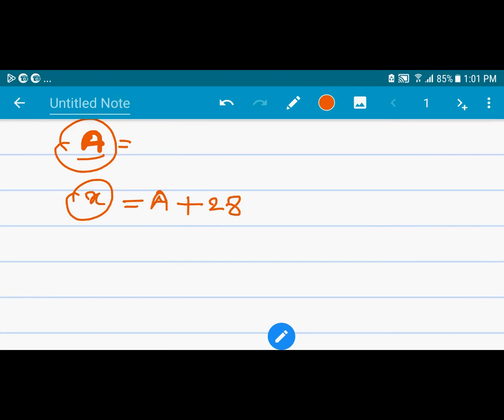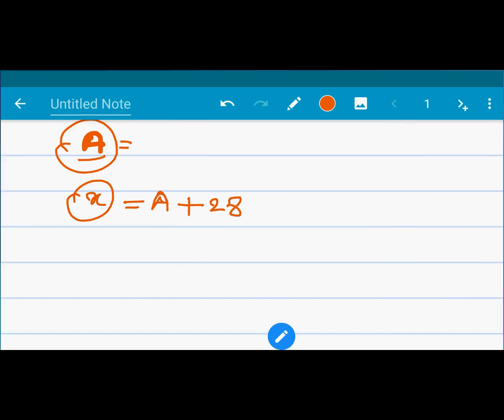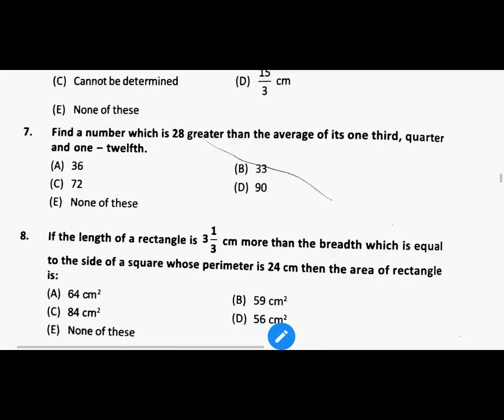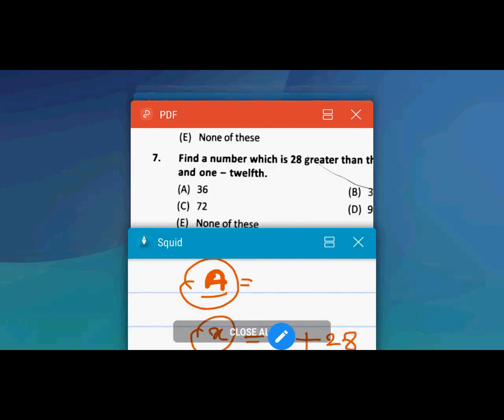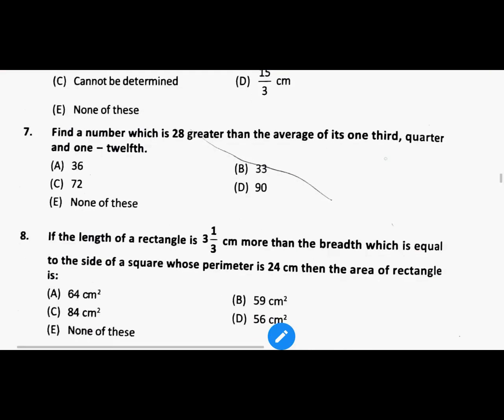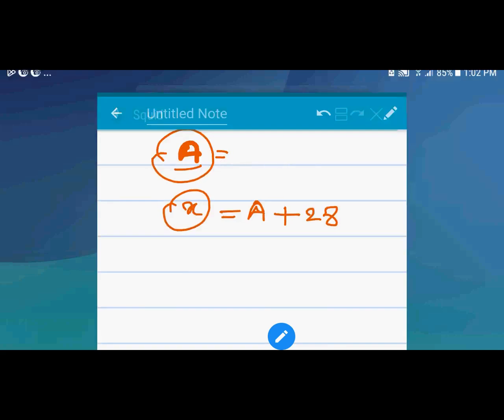So assume the number is x and the number is 28 more than the average of its 1/3, its quarter and its 1/12.